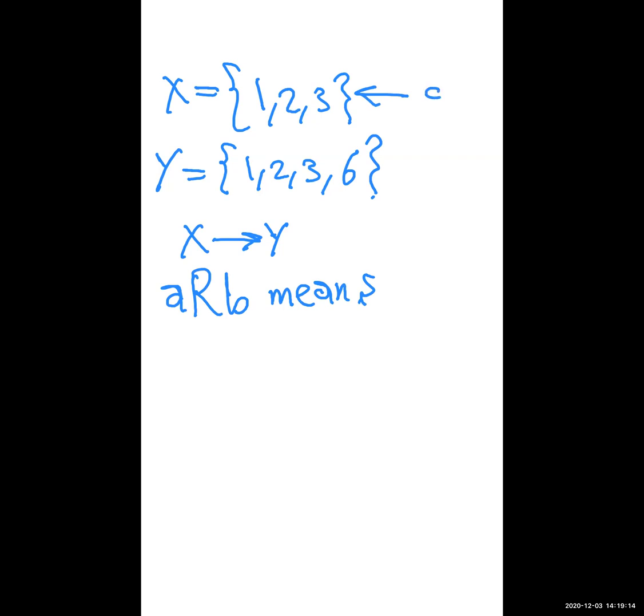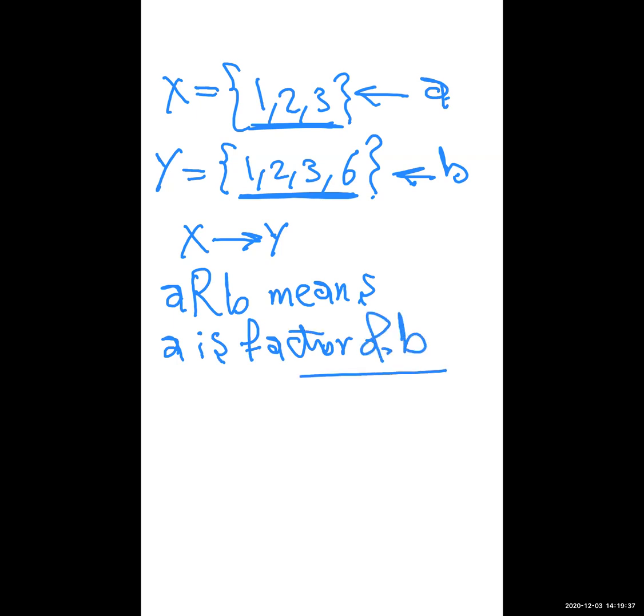The elements of X are A, and the elements of Y are B. So ARB means A is a factor of B. Now state the relation and represent it by an arrow diagram and the Cartesian diagram and so on.